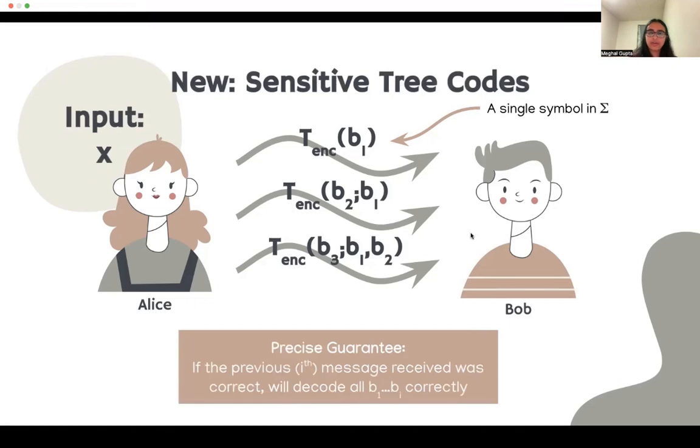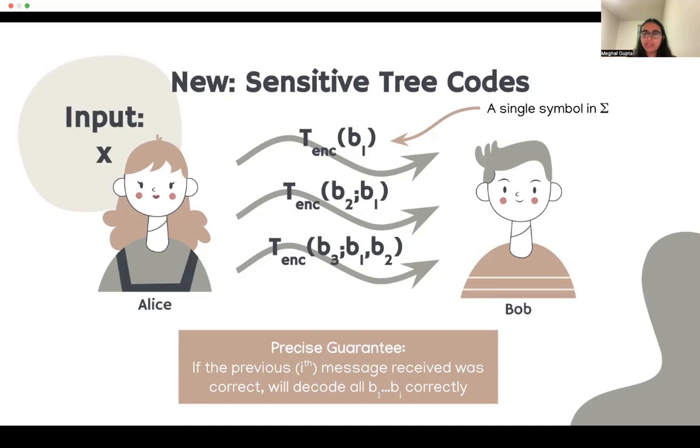So the more precise guarantee that we're going to need for the tree codes in this talk, which is actually a new guarantee compared to what previous discussion of tree codes obtains, is that at every point after receiving the ith message, if the ith message was received correctly, so I should note that each message here is a single symbol in a large alphabet, sigma. And the guarantee is that if Bob receives the ith message correctly, then he'll decode all of B1 through BI correctly.